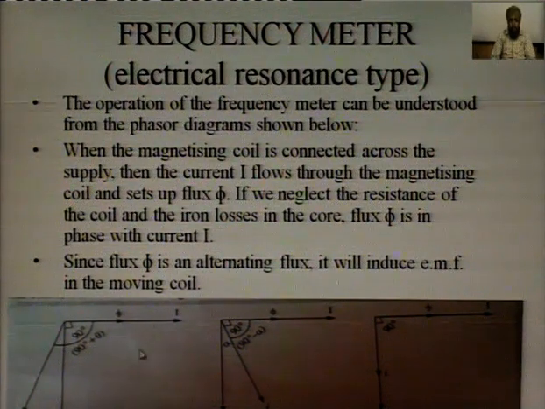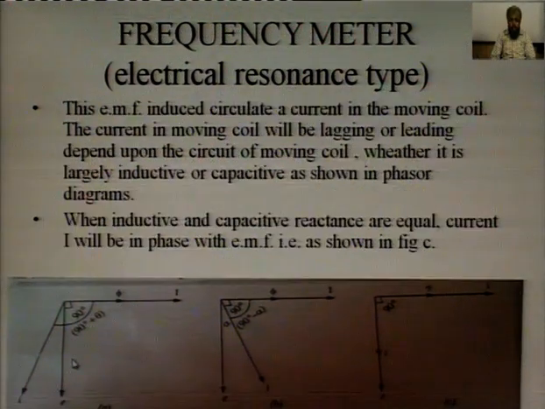Flux phi is alternating and it will induce EMF, and this induced EMF will lag behind the current, or you can say that current leads the voltage by 90 degrees. This induced EMF circulates a current in the moving coil.